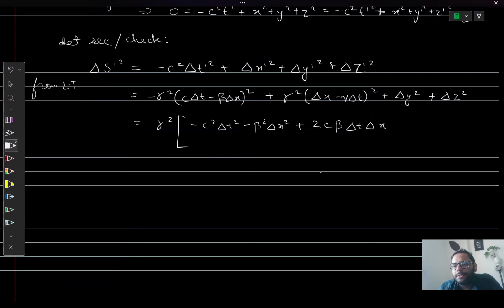And now just expand the second term. It will be delta x squared plus beta squared delta t squared, right?